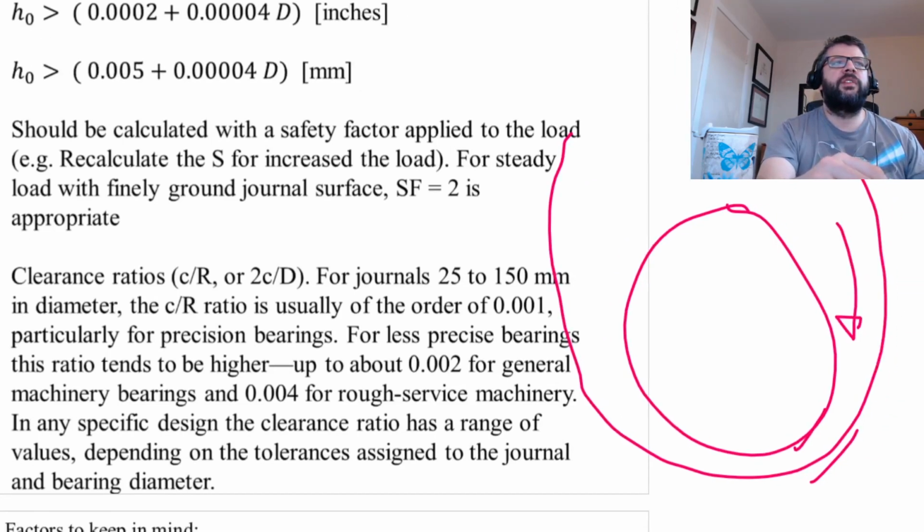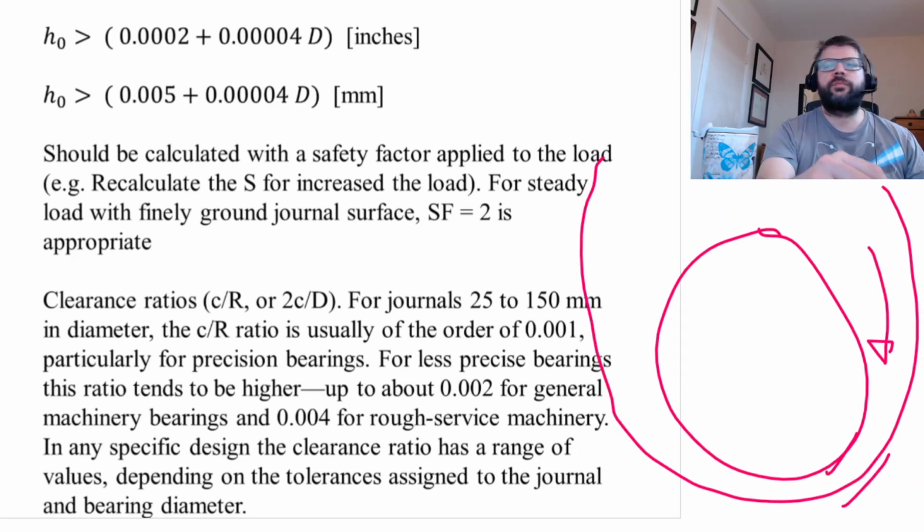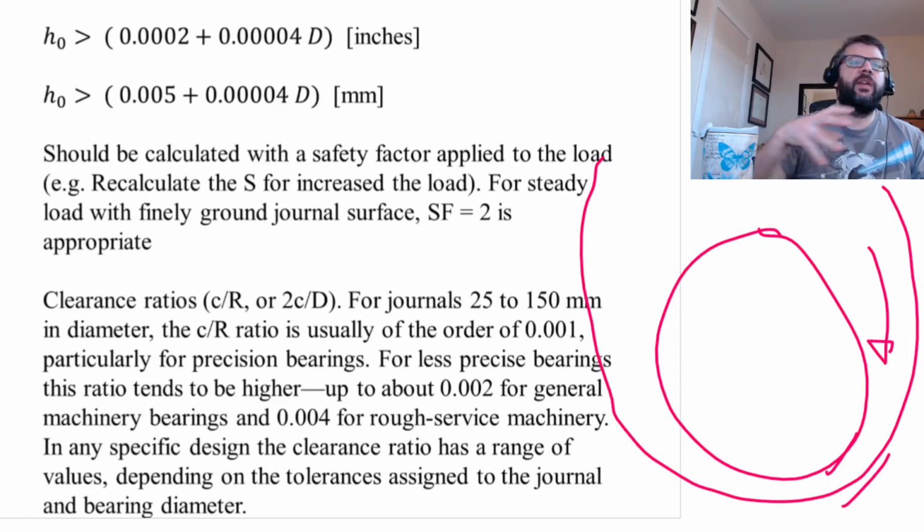We want it to be sufficiently large so that any debris that might come off is able to clear it, as opposed to getting squeezed in there and then gouging into your shaft and your sleeve, and so on and so forth. So we're trying to prevent metal on metal contact.